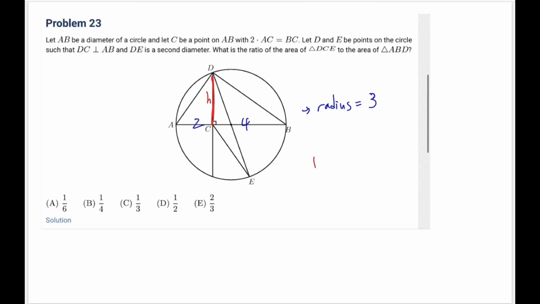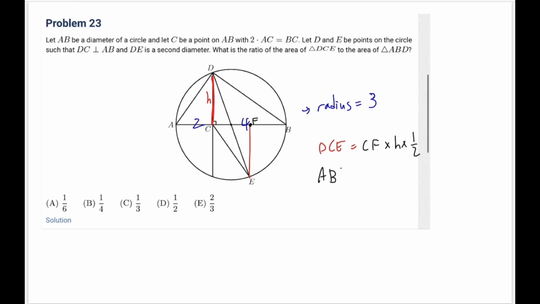Then DCE, this length is the same as this length, right? Because that's this height. So let's say this point is F. DCE is CF multiplied by h times 1 over 2, because that's the area of this triangle when we see that this is the base and this is the height, right?